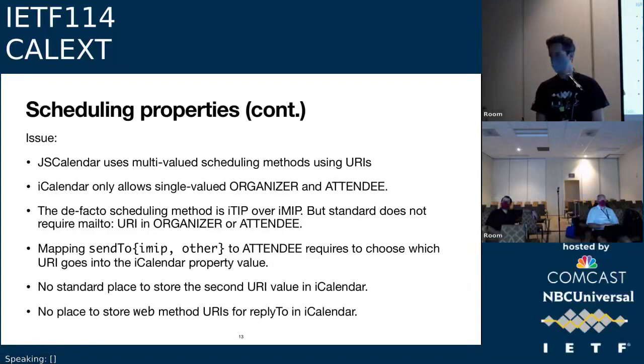De facto, scheduling is done with iTIP over iMIP. So as I said, typically you will see mailto URIs in the organizer and attendee, but there can be anything else.